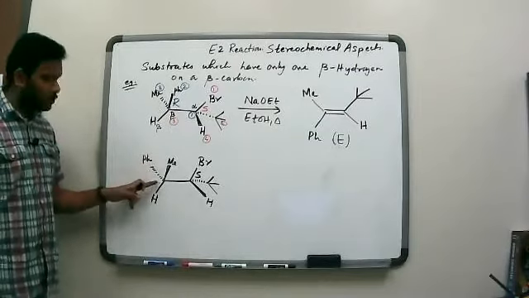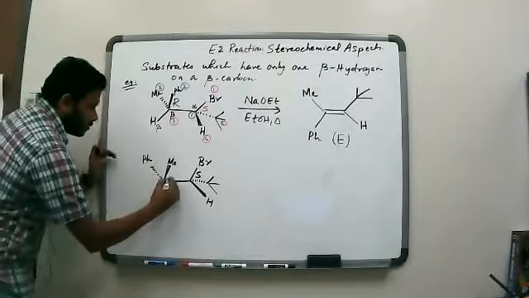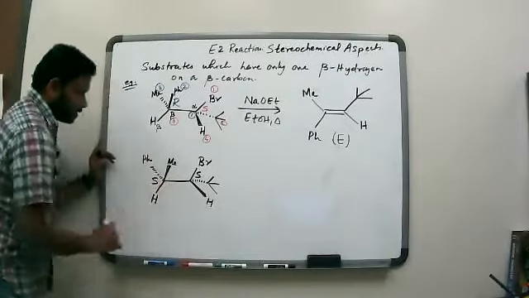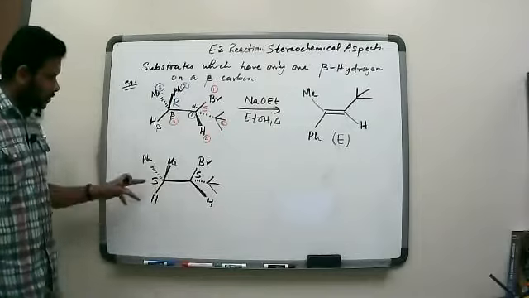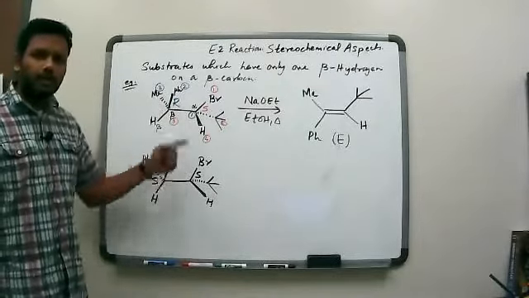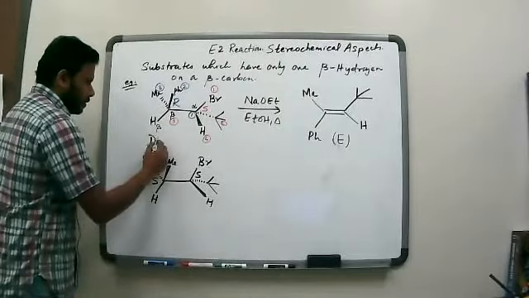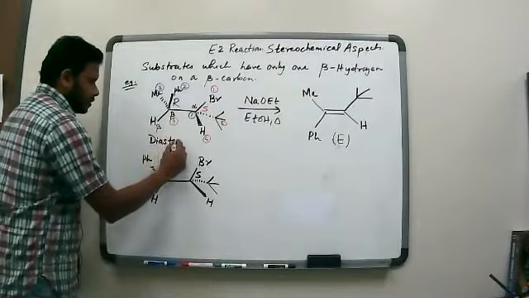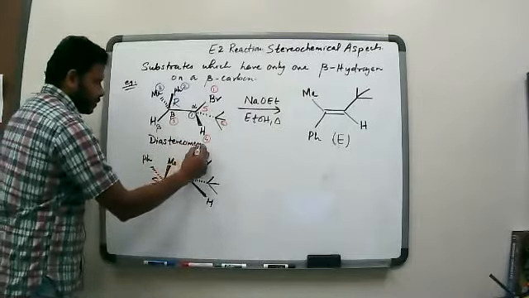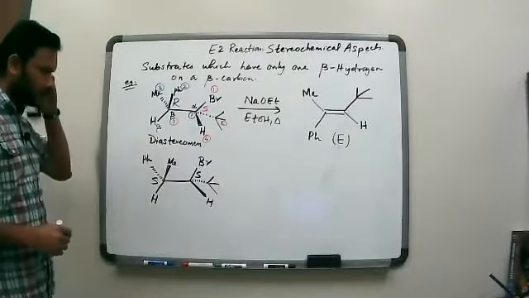So what should that do to the configuration? This was R, and that means this is S over here. So they're both S. How are these molecules related to each other? They are diastereomers of each other.